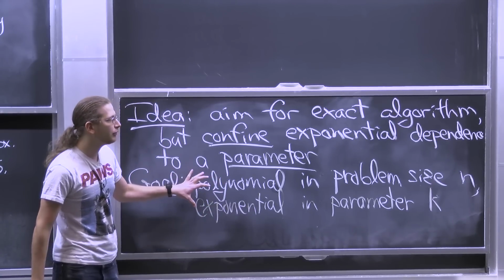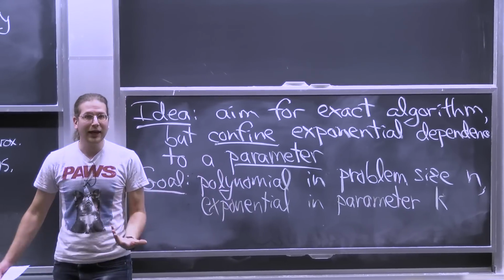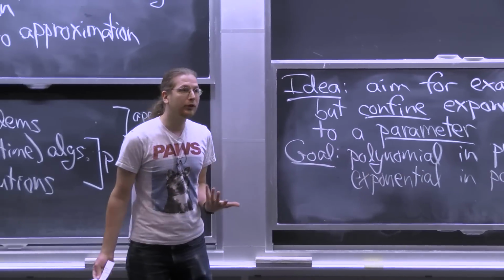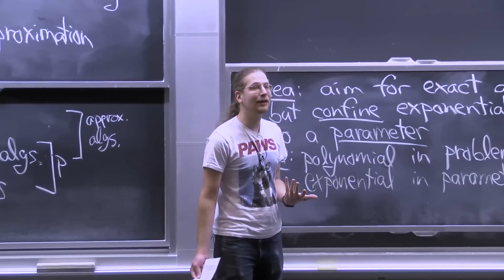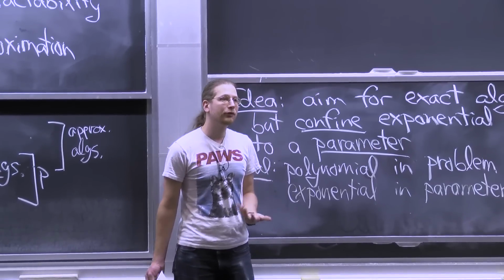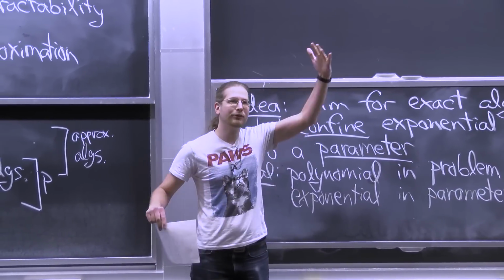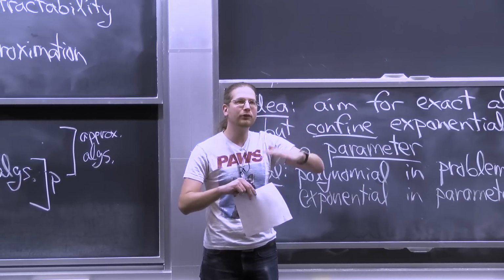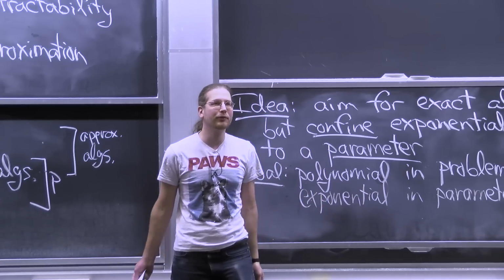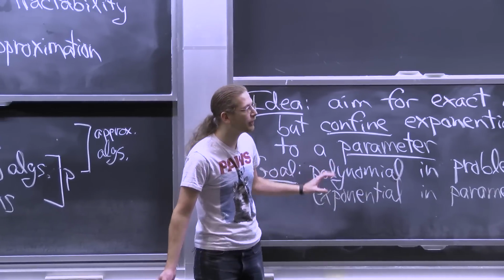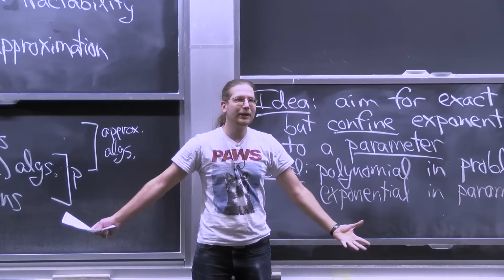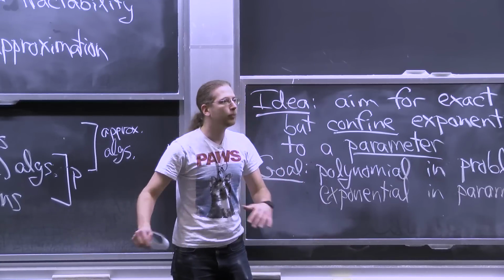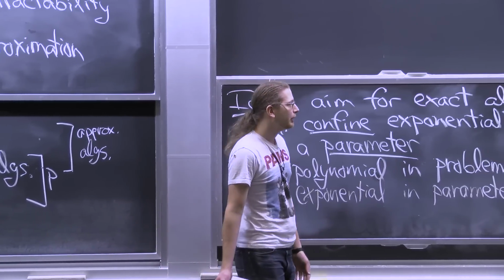If you can achieve this, what you get is an exact algorithm for your problem that runs really fast, provided k is small. So this is sort of a way of saying, well, the problem is NP-hard in general, but as long as this measure k is reasonably small, I'm still able to solve it really fast. So it's a way of characterizing a big subset of the problem that you can solve.